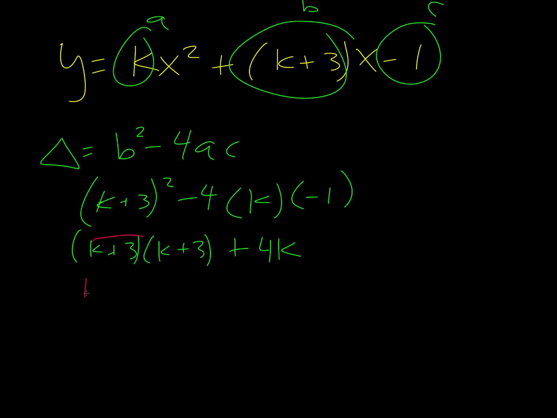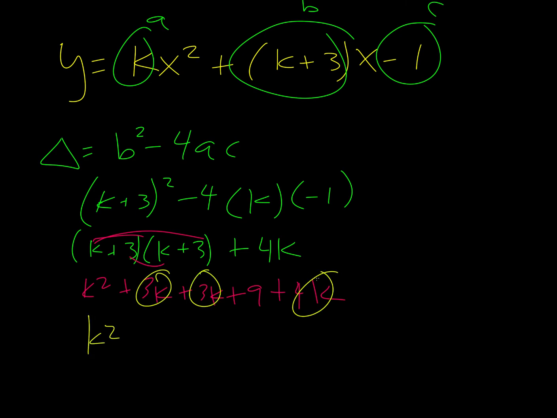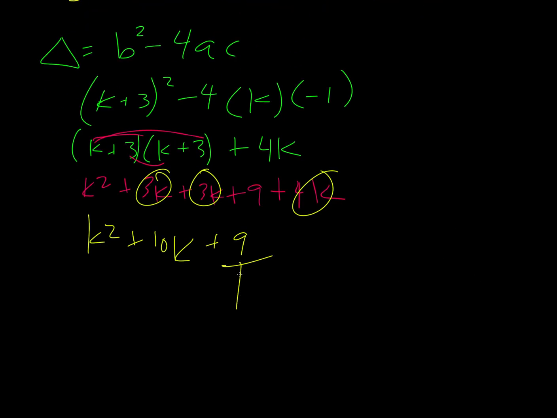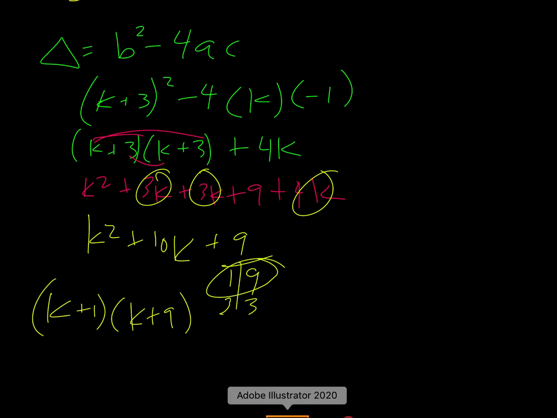All right, distribute k squared plus 3k plus 3k plus 9 plus 4k. Combine like terms. I get k squared. Let's see, what is that? So 10. And then plus 9. Then we can factor that. And so we get k plus 1, k plus 9.